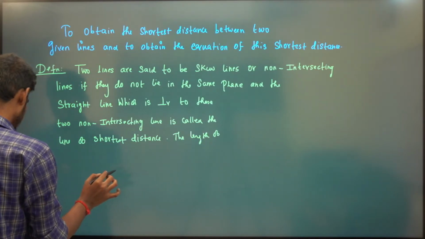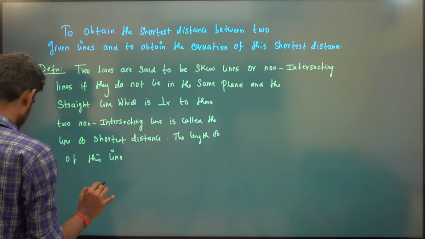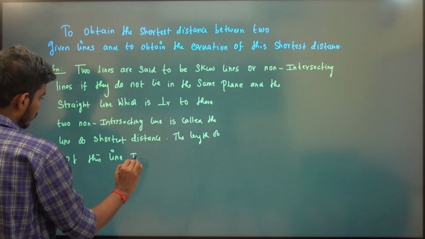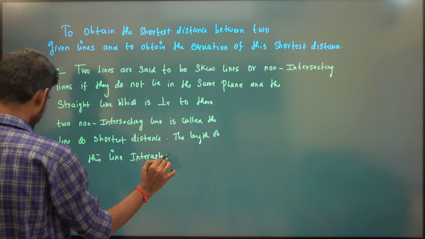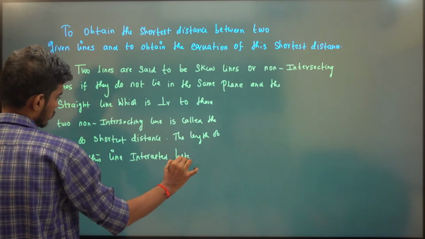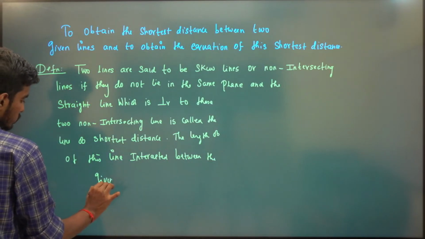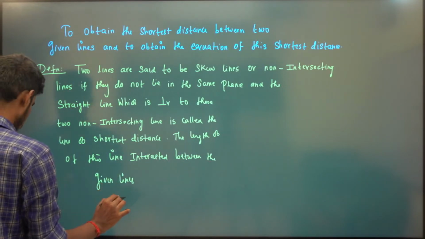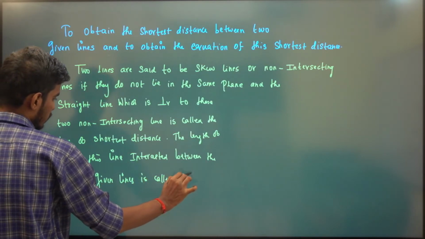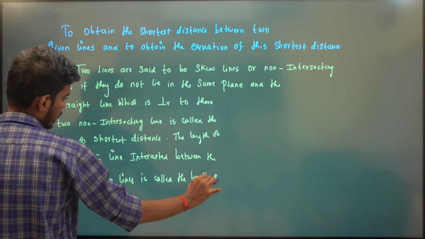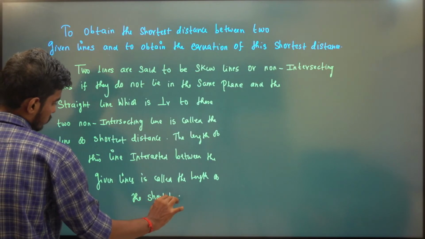The length of this line intercepted between the given lines is called the length of the shortest distance.